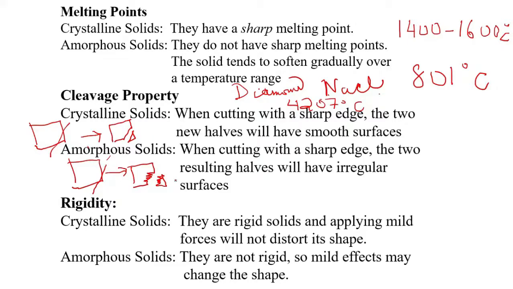Rigidity. Crystalline solids are very rigid. Even if you apply mild forces, their shape does not change. Amorphous solids are not rigid; with force their shape changes.